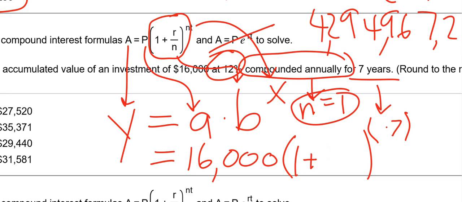So 1 plus. Now, the interest rate is 12%. What is that as a decimal? 0.12. And the compounding factor here is a 1. You notice in the formula, n shows up twice in 2 places. Okay?